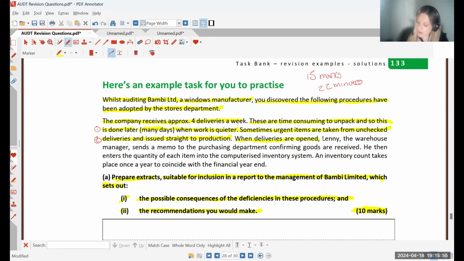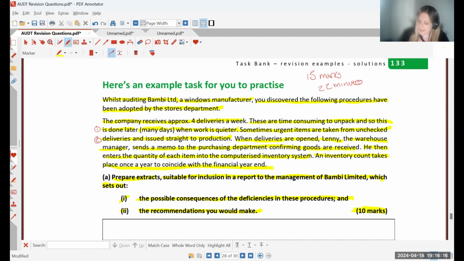When deliveries are opened, Lenny, the warehouse manager, sends a memo to the purchasing department confirming goods are received. He then enters the quantity of each item onto the computerized inventory system. An inventory count takes place once a year to coincide with the financial year end.